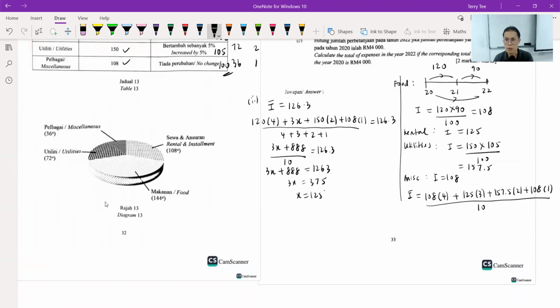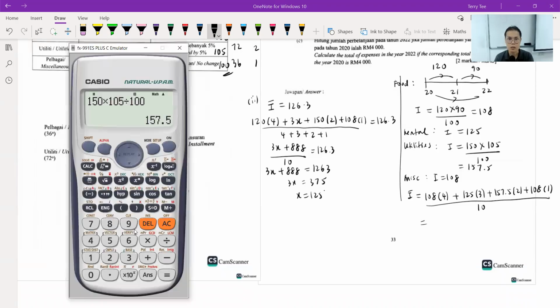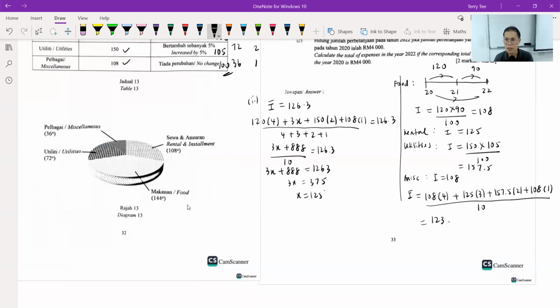Your total weightage we already know is 10. So let's count. 108 times 4 plus 125 times 3, plus 157.5 times 2, and then 108, whatever I get, divided by 10. So that's 123.